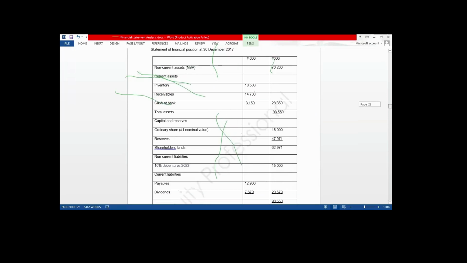Let us look at it before we go. For 2017, receivables is 14,700, while payables is 12,900.